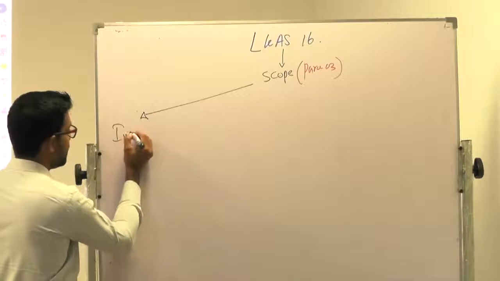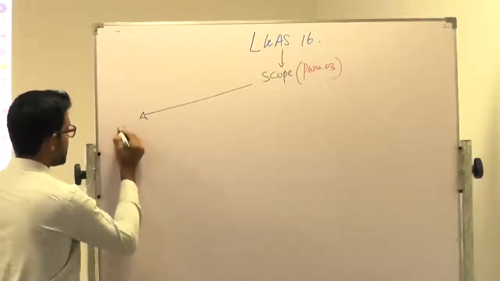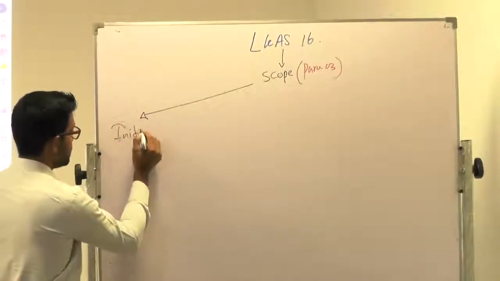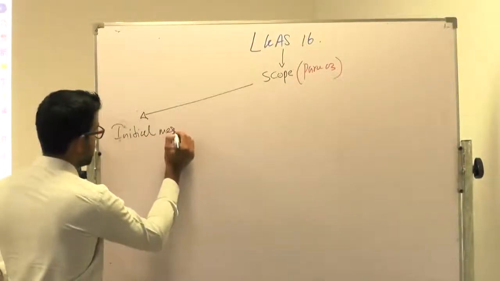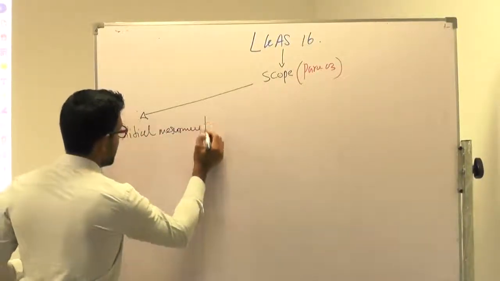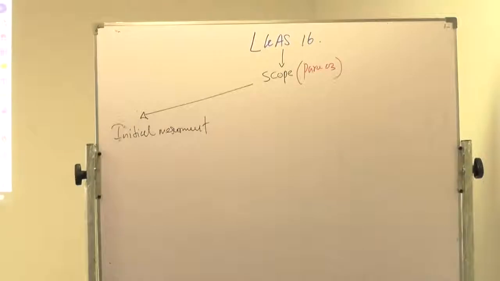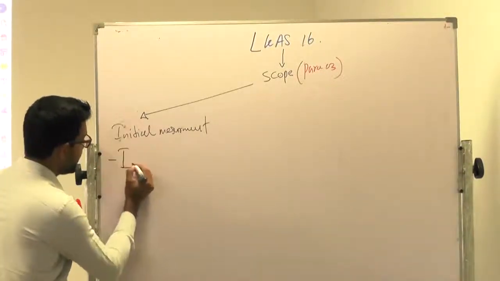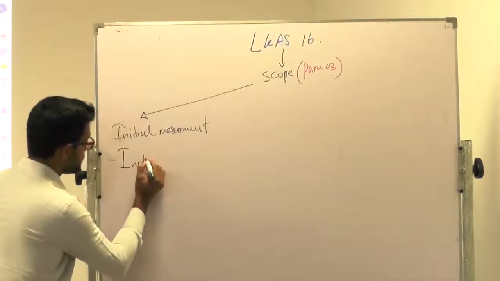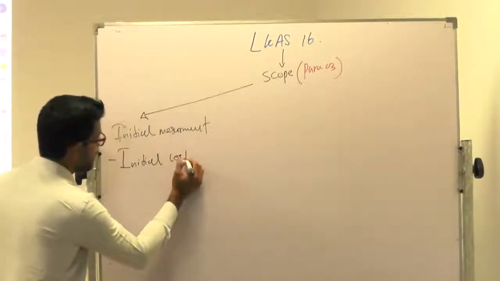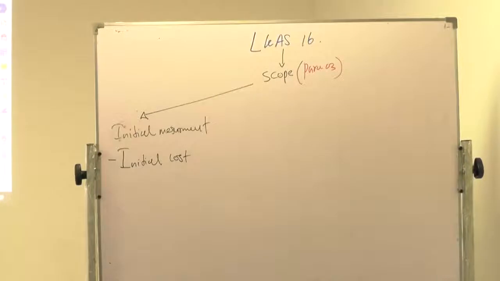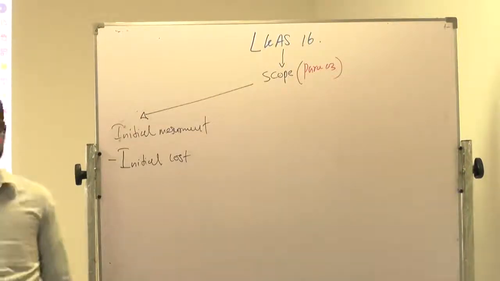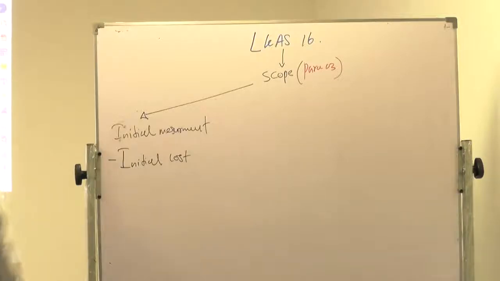Then we started to discuss initial measurement. Under that, there are costs that come under initial cost: purchasing cost, non-refundable taxes, delivery cost, dismantling cost, and removal cost.